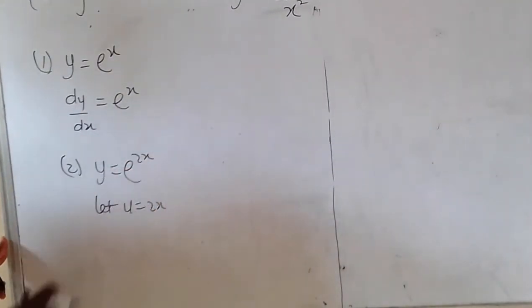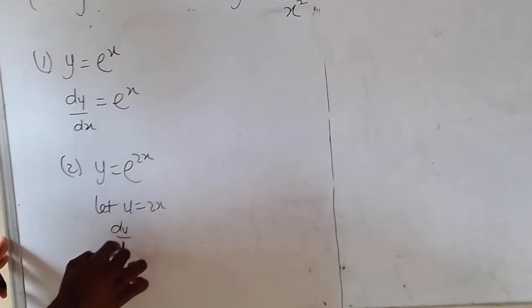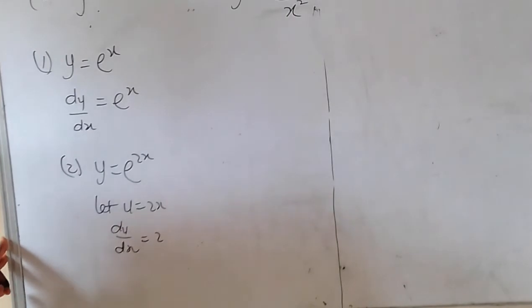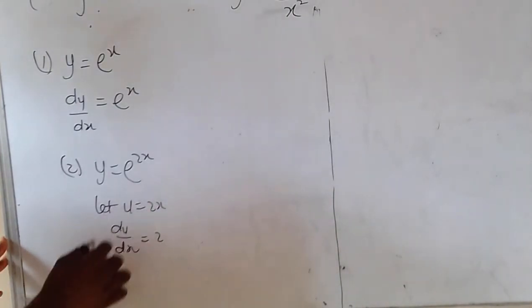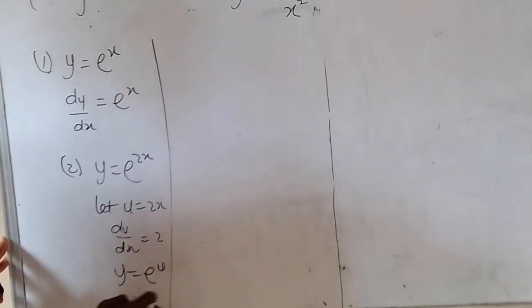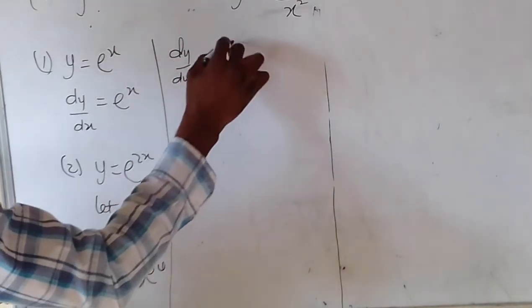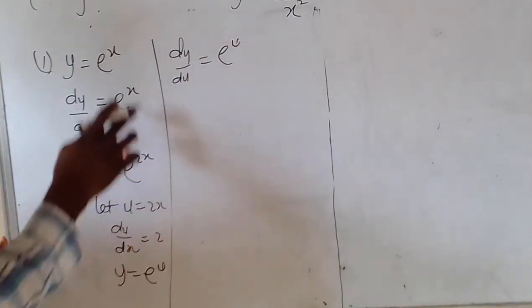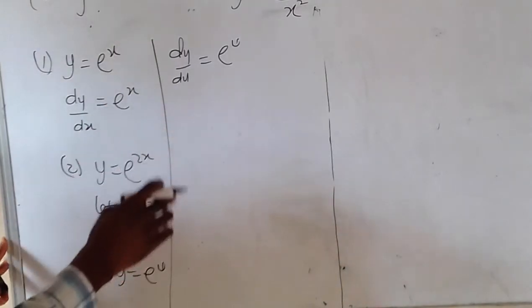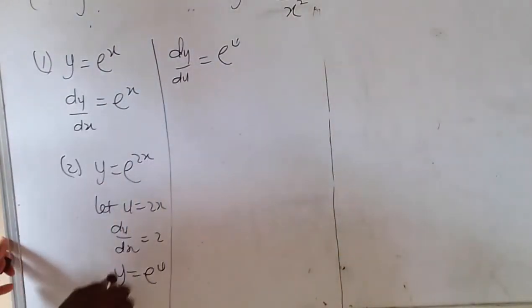That's the power of our exponential. In which case, du/dx is 2. Since u is equal to 2x, my y is going to be exponential u. And from there, dy/du will give me exponential u back, because differentiating exponential x, I get exponential x back. So invariably, differentiating exponential u, I must get exponential u back.